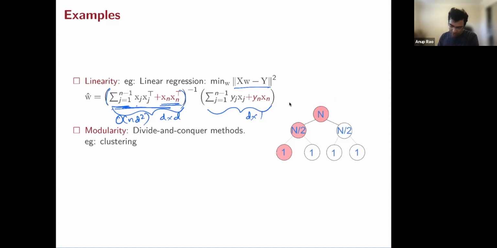And now if we want to delete a point, instead of retraining, if we had stored our computations on each of these nodes, we just need to update the model on the path from that leaf to the root. So that would be much faster than doing a full retrain. So these use special structure in these algorithms.